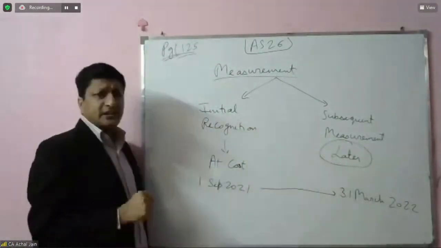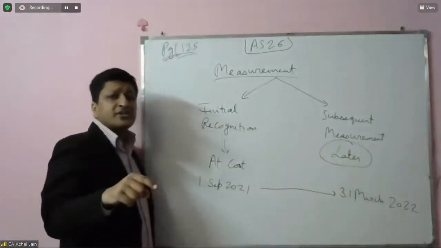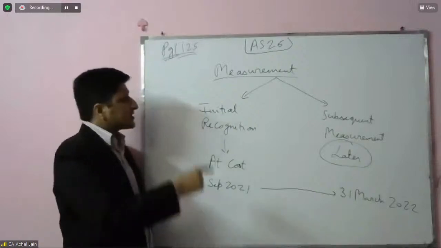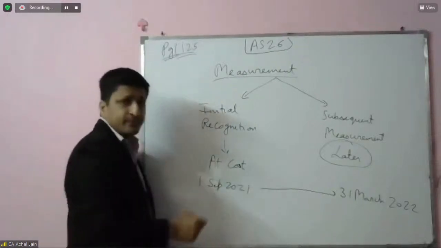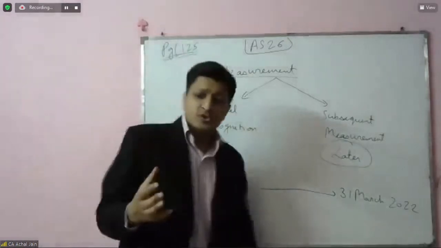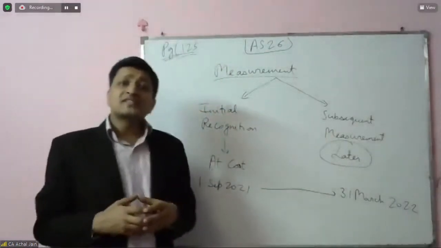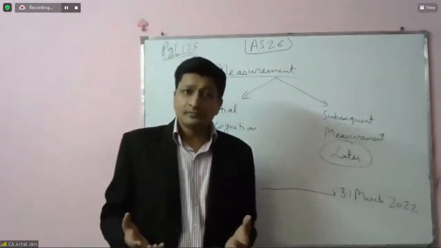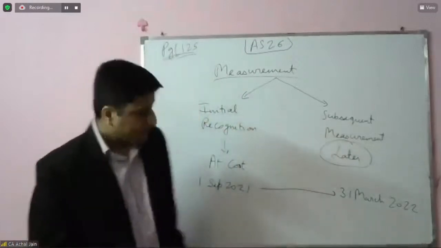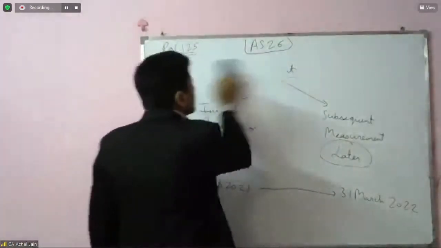Now the next point is that at the time of initial recognition, when we measure this intangible asset at cost, what do we mean by this cost? Or what does this cost include?